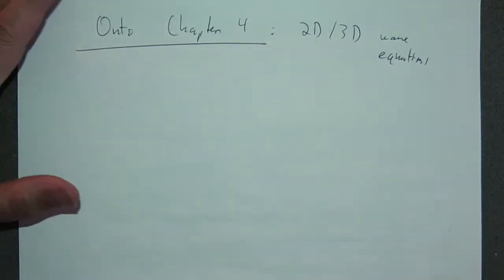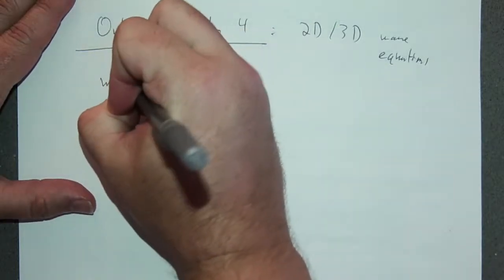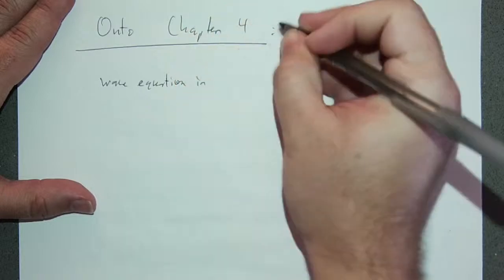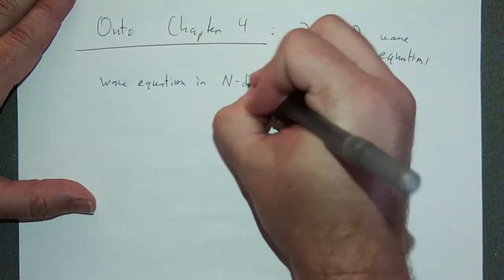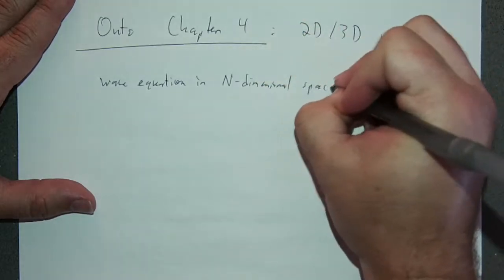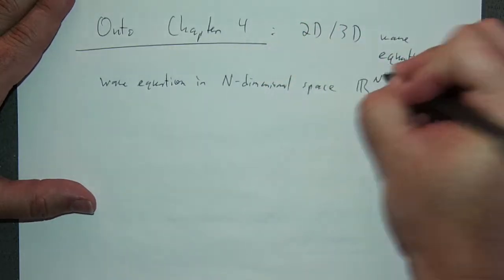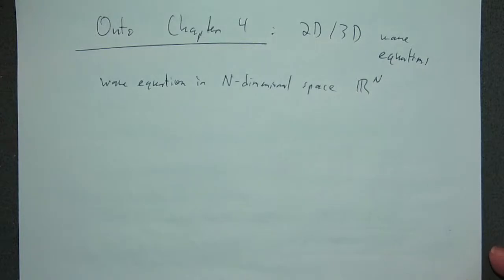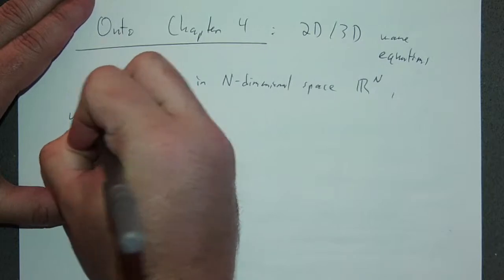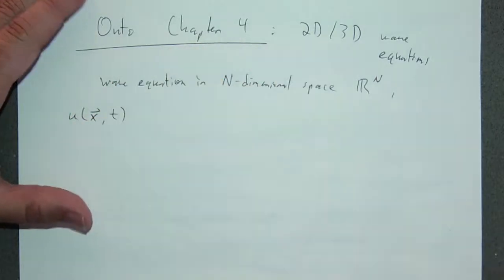So the idea is the wave equation in n dimensions, R^n, is what? This is a second order PDE. We are solving for displacement u(x,t).